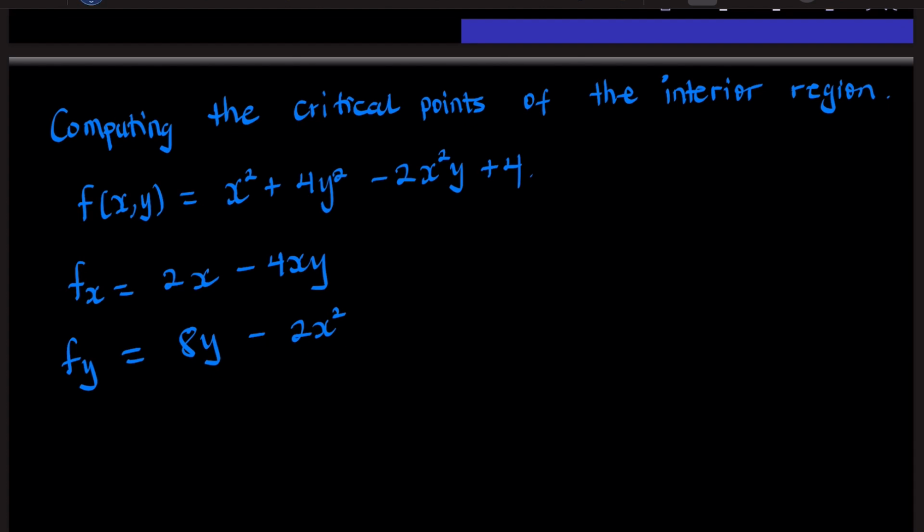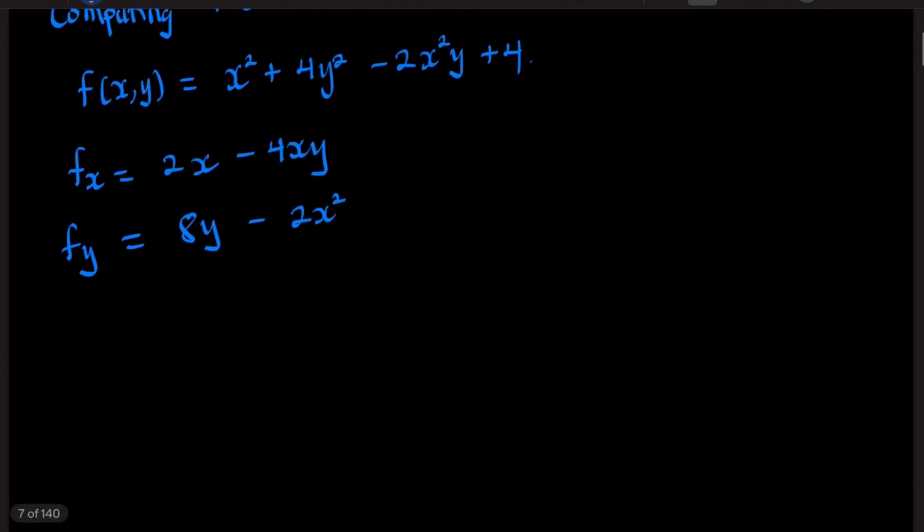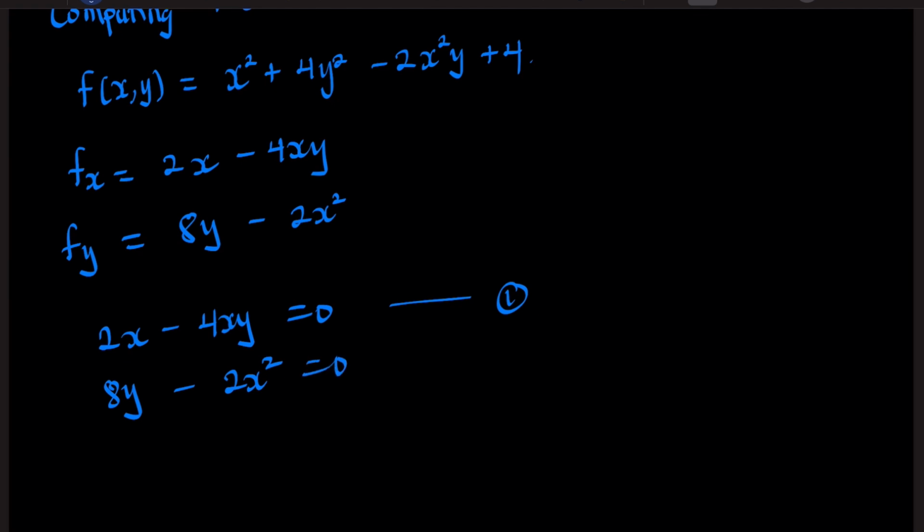So we now set the partial derivatives to 0 so that we can find the critical points. So we are going to have 2x minus 4xy is equal to 0. Then we call this equation 1. Then 8y minus 2x squared is equal to 0.